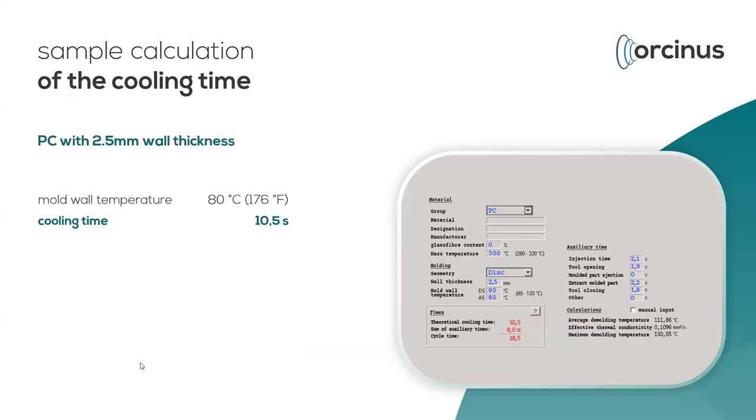Here is one sample calculation for, in this case, polycarbonate. When you're calculating the price of your plastic part, you have a theoretical cooling time of 10.5 seconds, because you measured with, for example, an infrared thermometer, a mold wall temperature of 80 degrees Celsius.